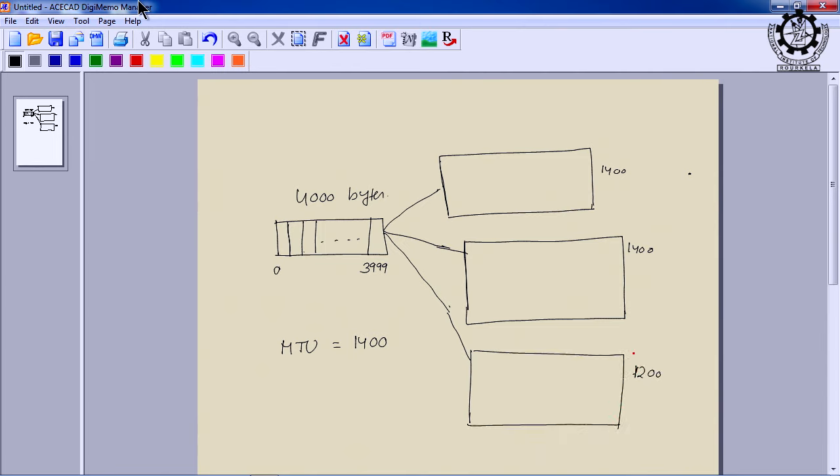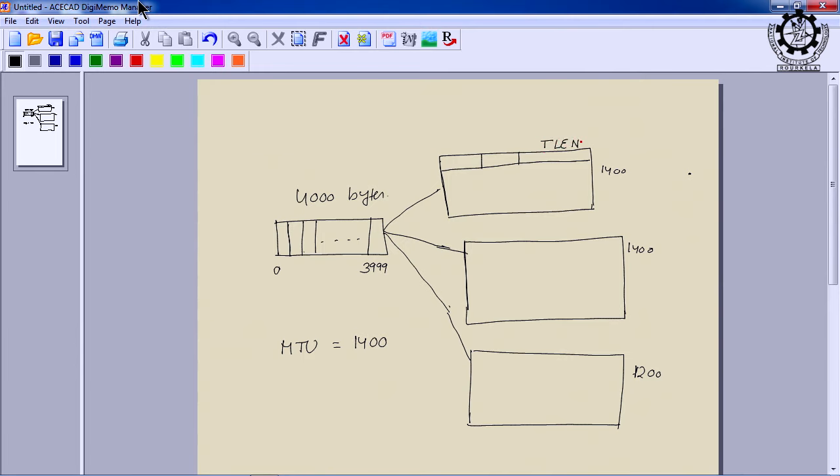So, how are the header fields of these subsequent datagrams affected? If you remember, the first word of your datagram contains the version field, then you had the HLEN field and you had a TLEN field.